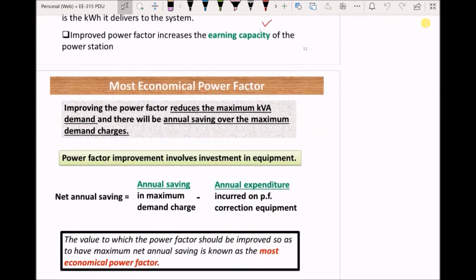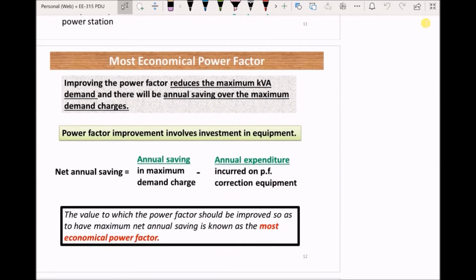Okay, so now the next topic is to find out the most economical power factor. From the previous slides, we have come to know that by introducing power factor correction equipment, the kVA demand decreases to some new value. So let me draw the triangle one more time. Let's say this was the case initially, where this was the angle phi 1 and this was the current phasor and voltage.